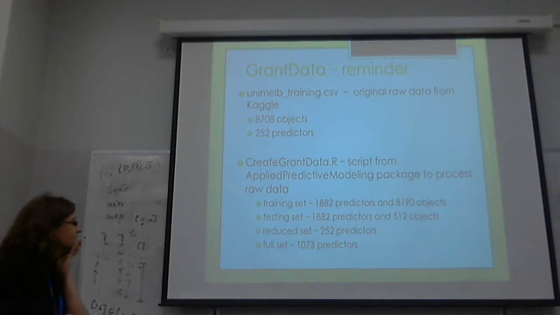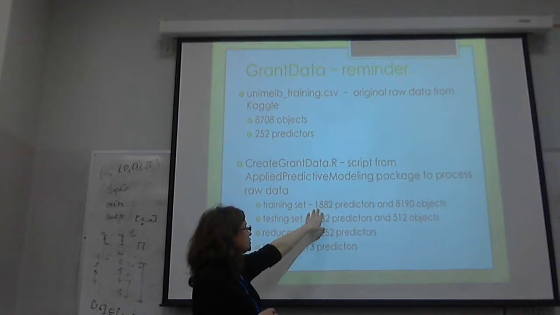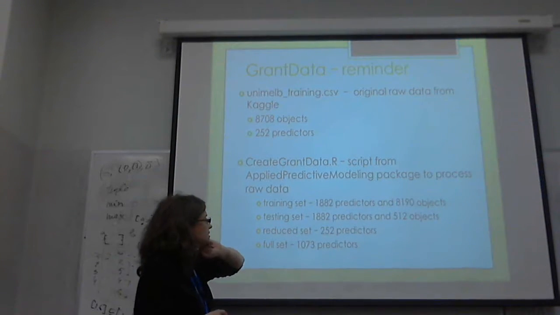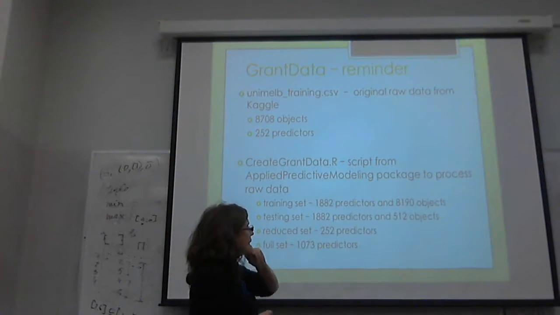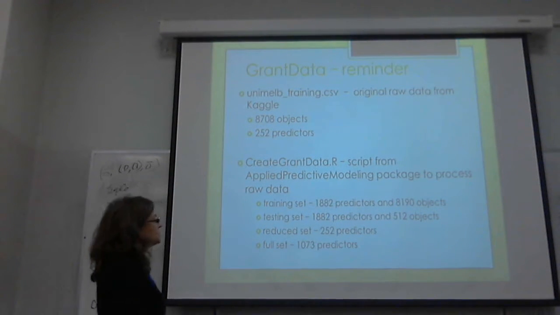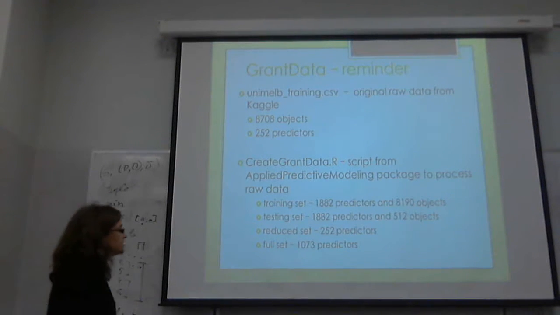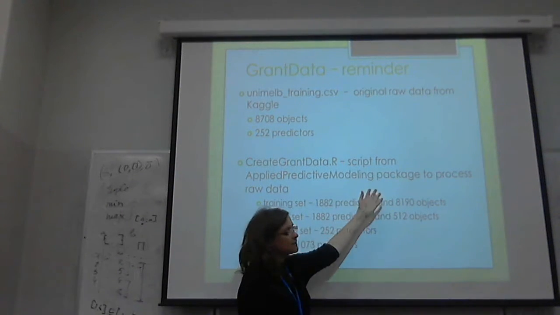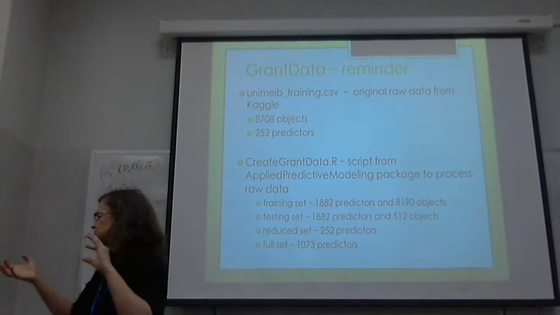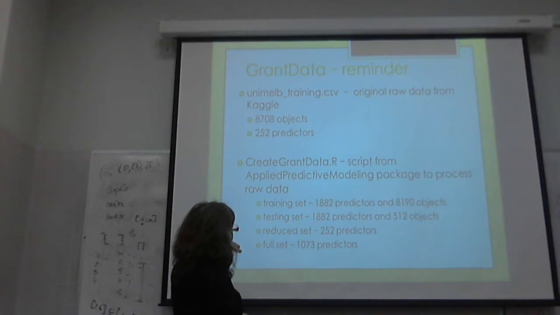The training set contains around 2,000 predictors, to be exact 1,882, and around 8,000 cases, we would say 8,000 submissions. And the testing set is not, as you can see, an 80 to 20% division, as we usually did in the training and test set.